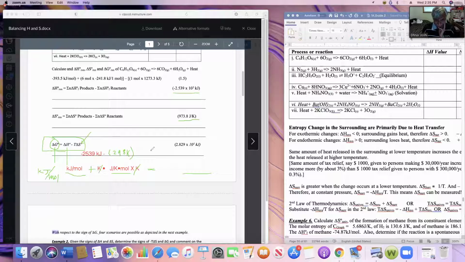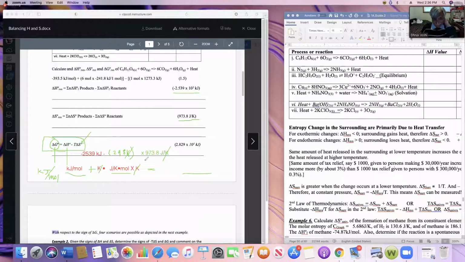Multiply that with this, 973.8 joules per K. Now K and K cancel out, so we end up with joules.